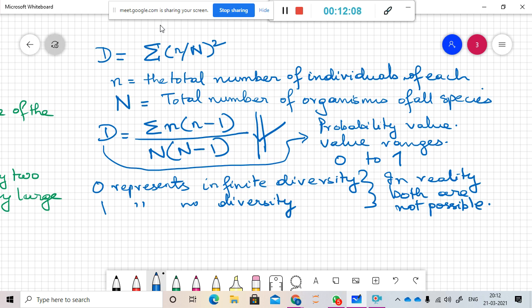So what we have talked about now is Simpson's Index. Now we will go to Simpson's Index of Diversity, 1 minus D.